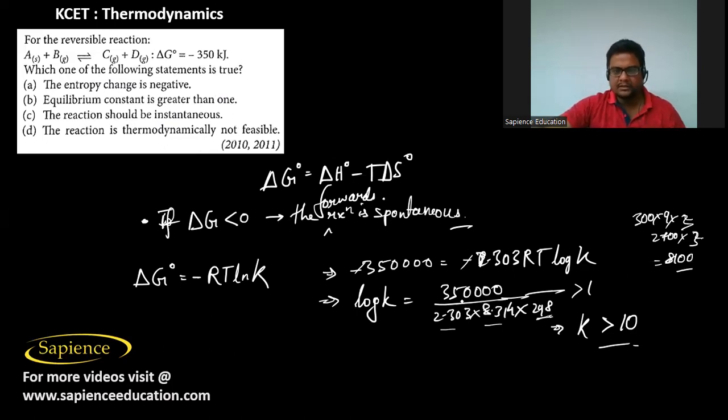So 3,50,000 divided by 8,100, that will be obviously more than 1. So this value should be obviously more than 1. So K value is more than 10. So the equilibrium constant is greater than 1, obviously.